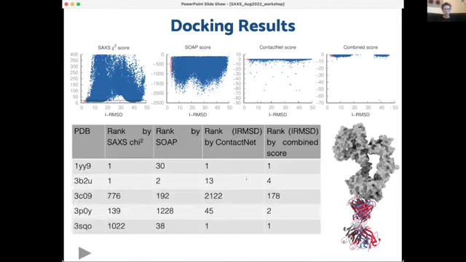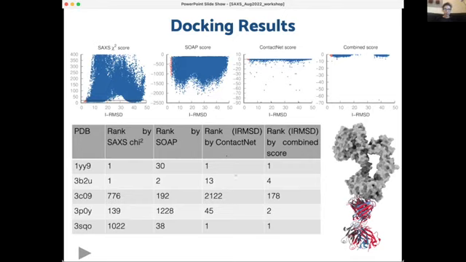And if we look at the results for 5 complexes, we can see that using SAXS chi-square, 2 of them do rank the correct model as top scoring, but 3 don't. Using SOAP, statistical potential, only 1 of them ranks it as top scoring.